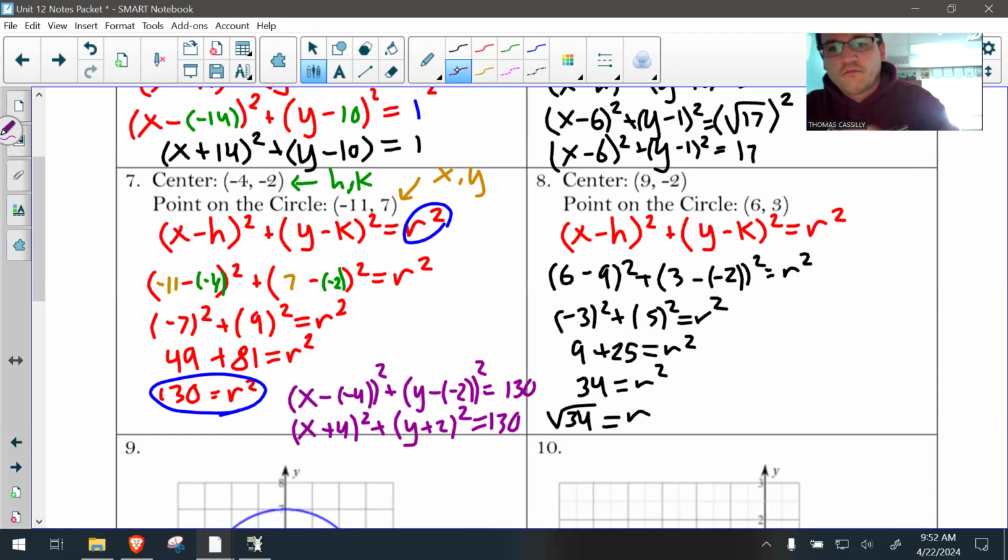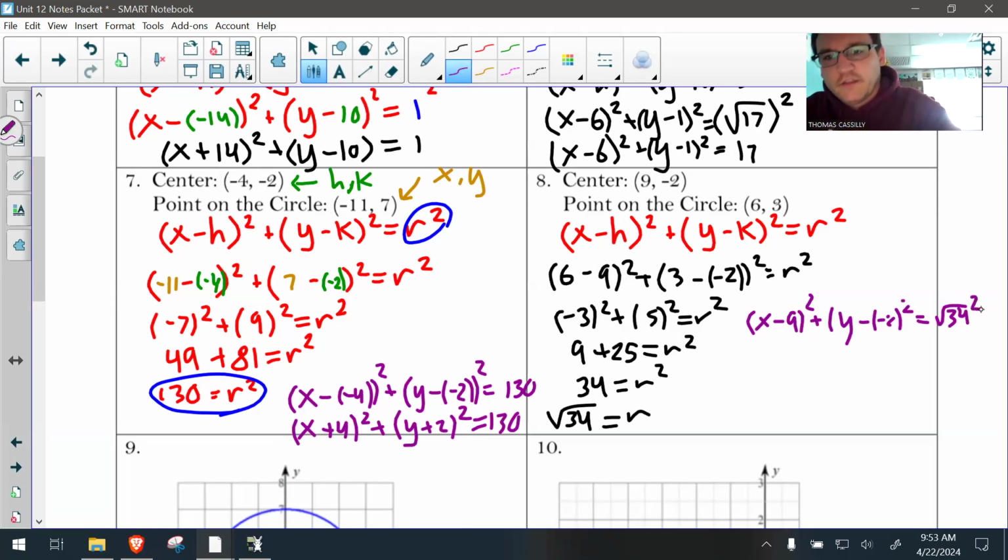So writing out the equation, x stays x, y stays y. It's the h, the k, and the r that have to be the actual numbers. Right? So we have x minus 9 squared plus y minus -2 squared equals square root of 34 squared.